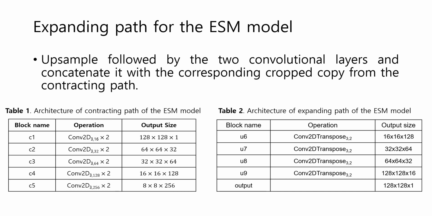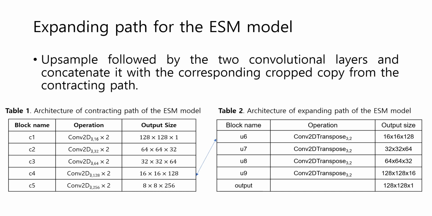As you see, the first subscript in the operation, in both the contracting path and the expanding path, denotes the filter size, and the second one denotes the number of filters and the stride size for the contracting path and expanding path respectively.